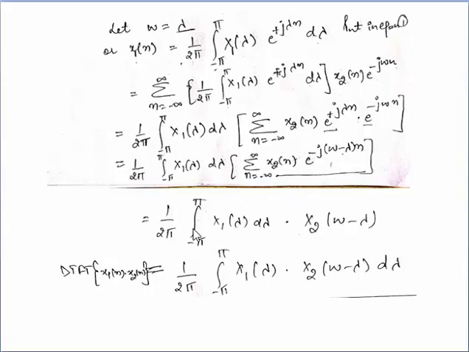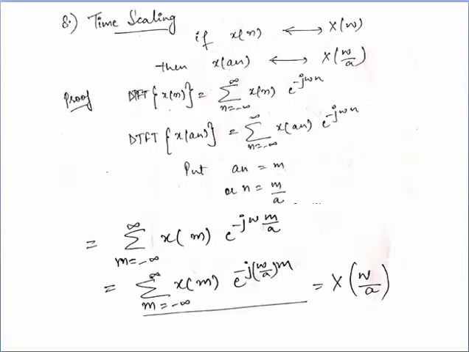Therefore it is equal to 1 by 2 pi integral minus pi to pi X1(lambda) d lambda into X2(omega minus lambda). Rearranging the terms, it becomes 1 by 2 pi integral minus pi to pi X1(lambda) into X2(omega minus lambda) d lambda. That is the property of the modulation theorem or windowing theorem or multiplication in time domain.